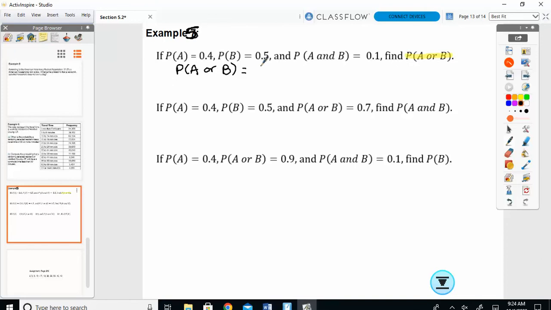That means you would have to use the general addition rule. The general addition rule is the probability of the first plus the probability of the second minus the probability of both. So if we write out our formula, then it's just a matter of plugging things in. What's the probability of A? What's the probability of B? Minus, what's the probability of both?